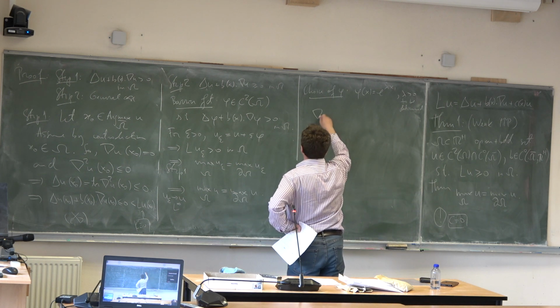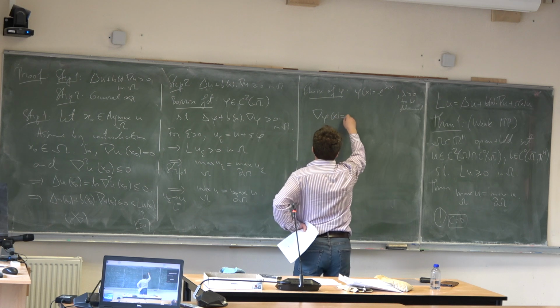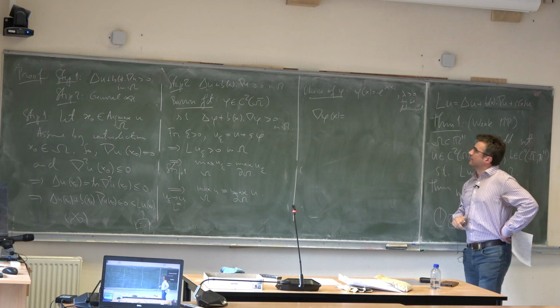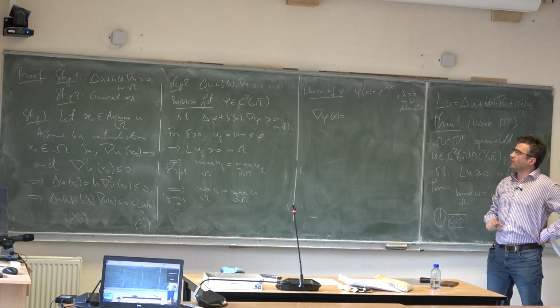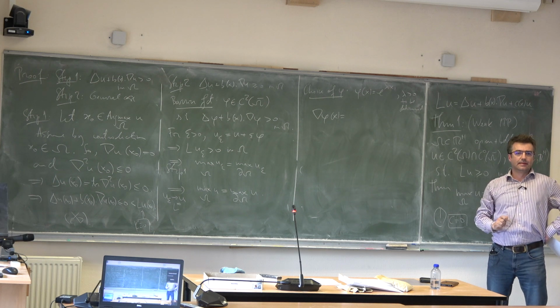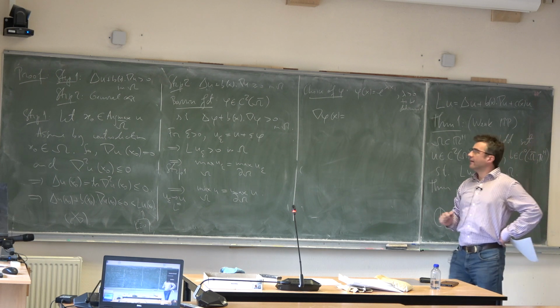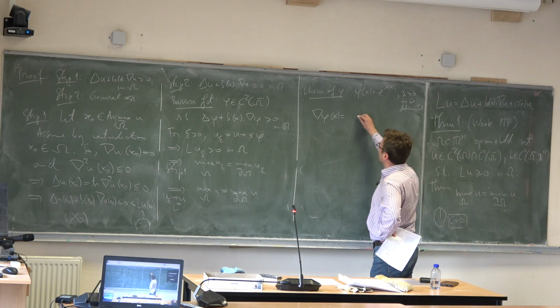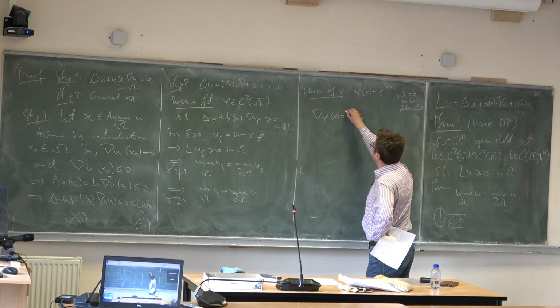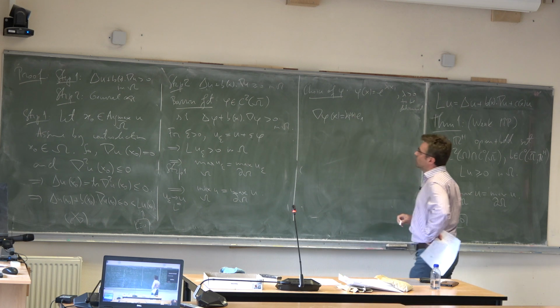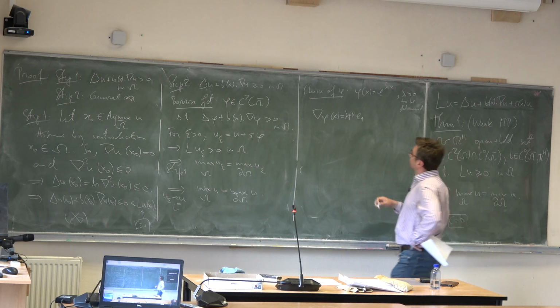So then you have to compute the gradient of phi. Since it sees only the x1 variable, what's the gradient? It will go in which direction? E1, right? So it's equal to lambda phi of x E1. Okay.